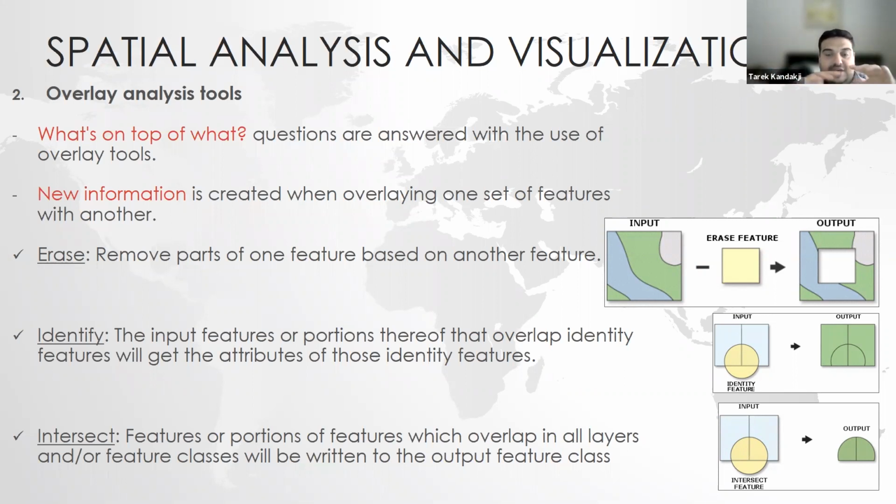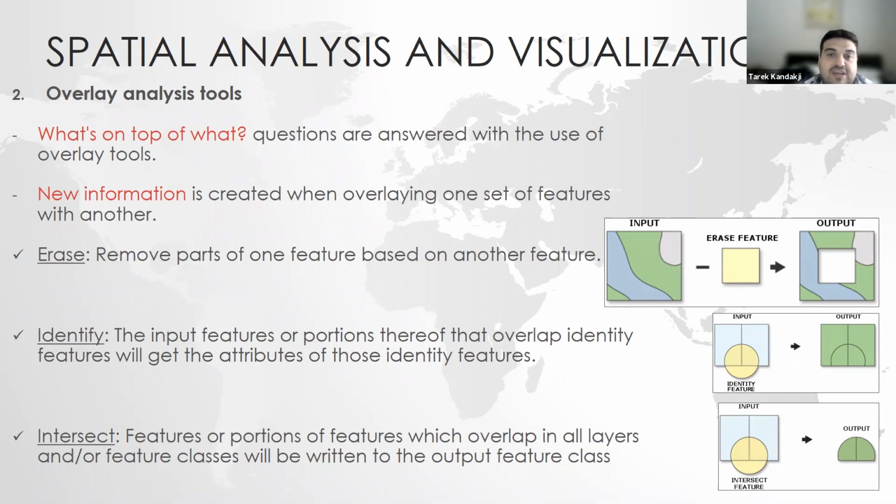Like you have a piece of land, let's say a continent. On top of that continent, there are countries, borders of countries. On top of those countries, you have cities. On top of those cities, you have people. So it's kind of our world is layered, features on top of other features. So the overlay analysis answers the question of what's on top of what, and the pattern of that locality or of that location.